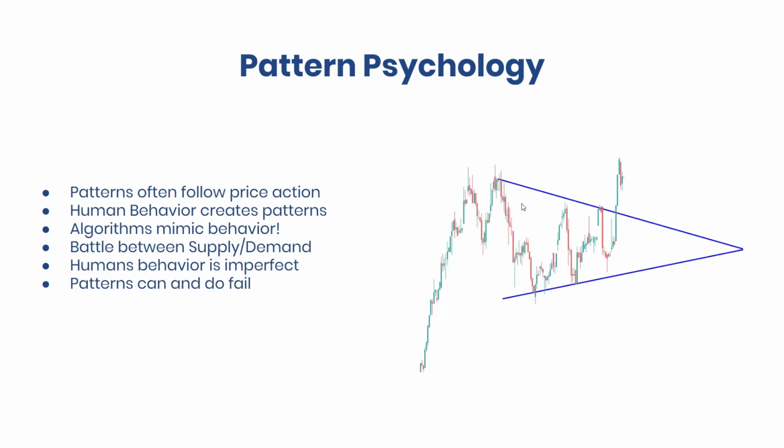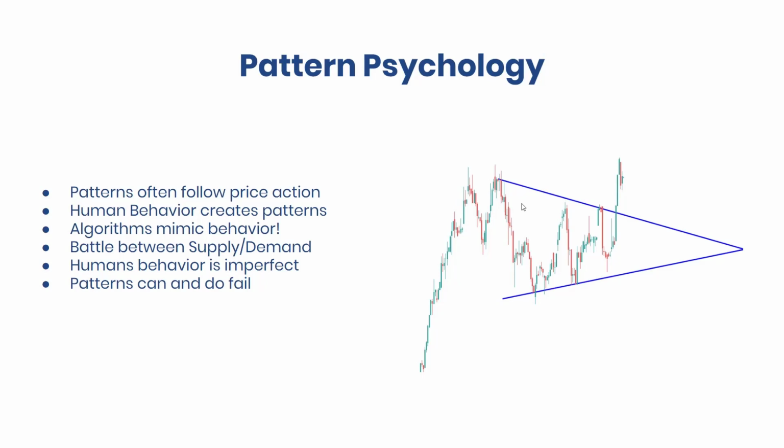So even if the market is predominantly run by algorithmic trading, this algorithmic trading has been designed to mimic and capitalize on the market psychology of retail human traders. So they work together in tandem to reify and make these patterns real and abundant. So algorithms mimic human behavior, and ultimately it becomes a battle of supply and demand as these patterns converge, as this price action gets more and more contained, and eventually you have a breakout.